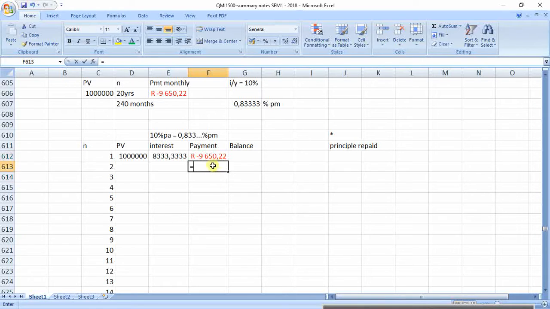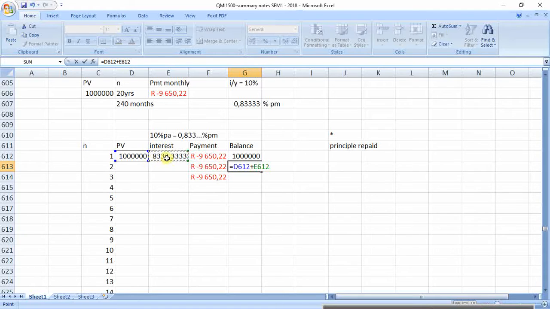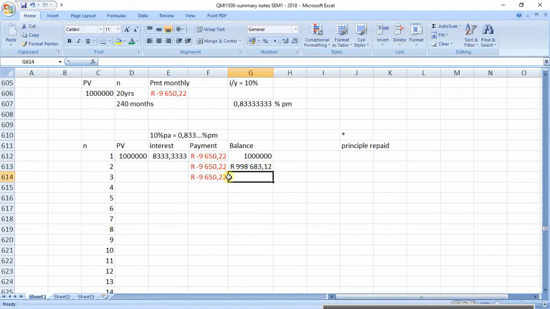Is that payment going to change? No, it's not. That payment will be the same month after month after month. Do you agree? Okay, the balance would be what you started with plus the interest minus the payment.